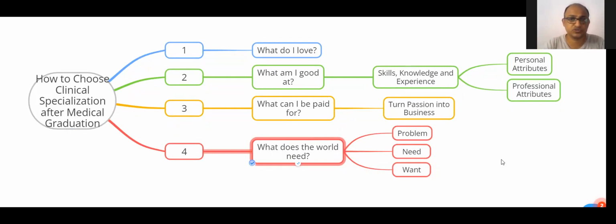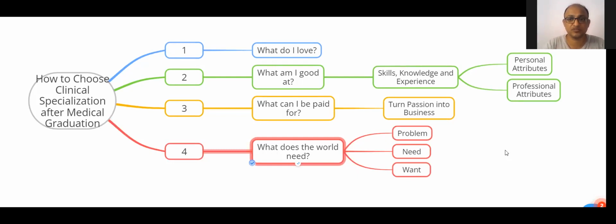You need to choose a particular one. You cannot work on all the health problems in the world, because if you do, you will not be able to go into depth of the problem. Your knowledge, your skills, your experience will be very superficial, and in the long term, it may not be viable for your financial growth.